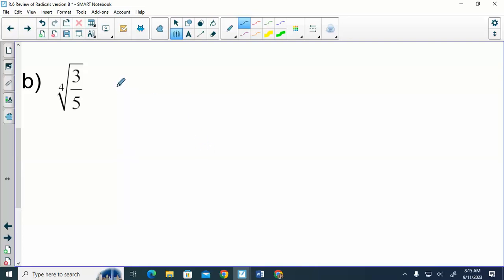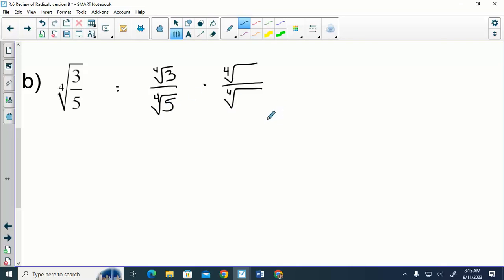Okay. This is the same thing as saying the 4th root of 3 over the 4th root of 5. We don't care about the radical on the top, but we need to get it off the bottom. What are we going to do? We have 1 5, we need 4 of them.